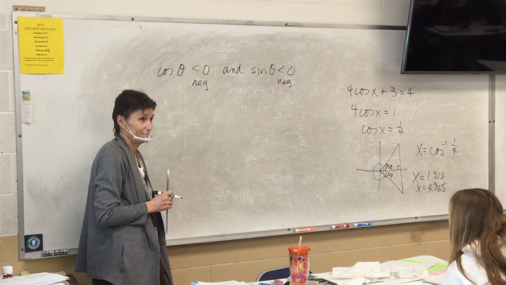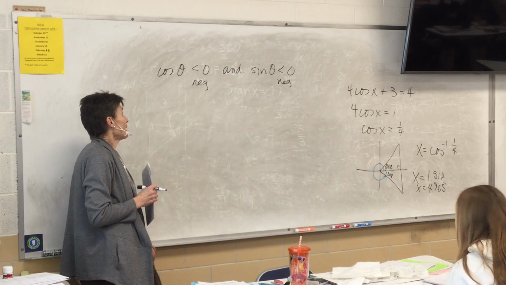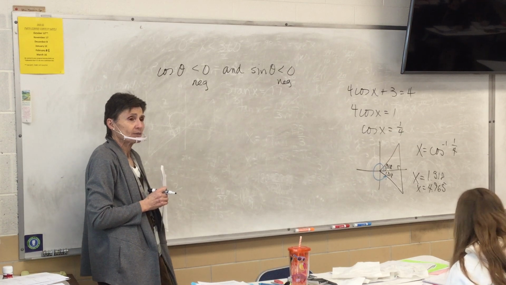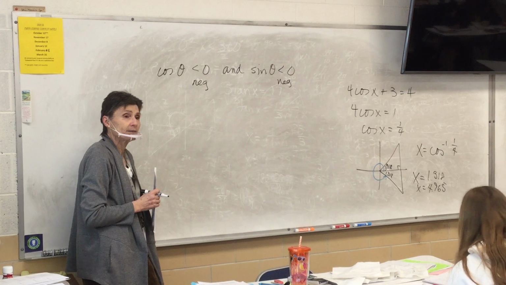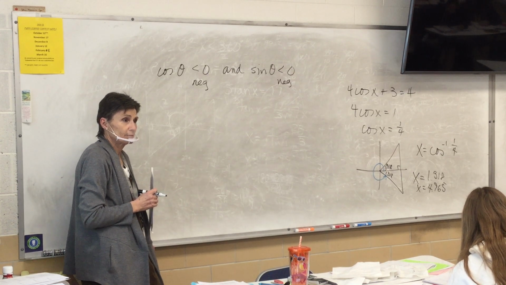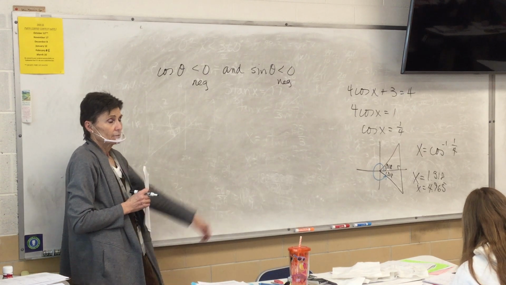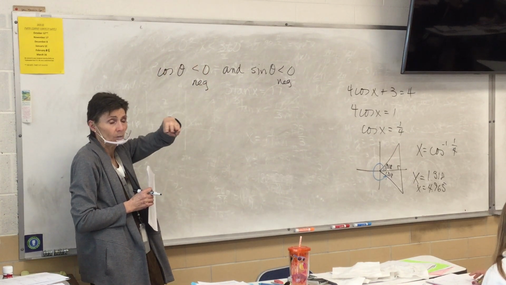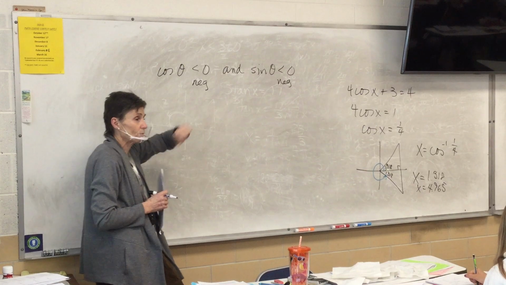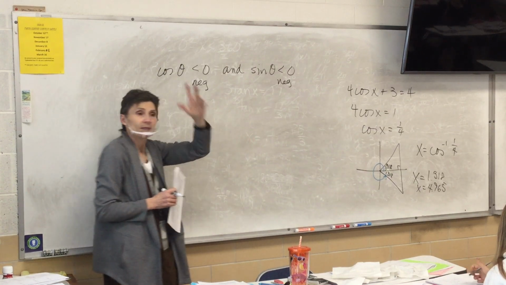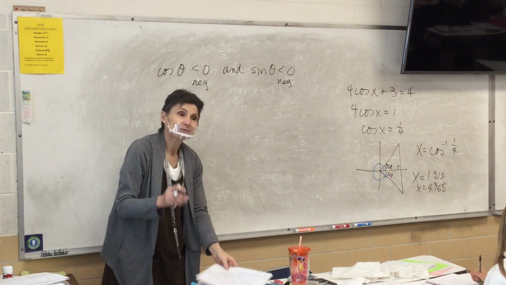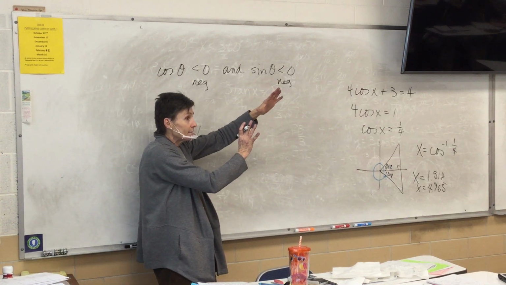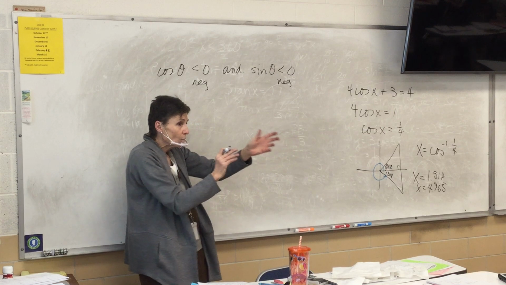Yeah. That's good. Okay. So where is it that the cosine and the sine would both be negative? How do I know, or how do we know, how did Alexis know it was quadrant 3? Because both x and y are negative. Exactly. You guys, you have got to think about cosine as x and sine as y.